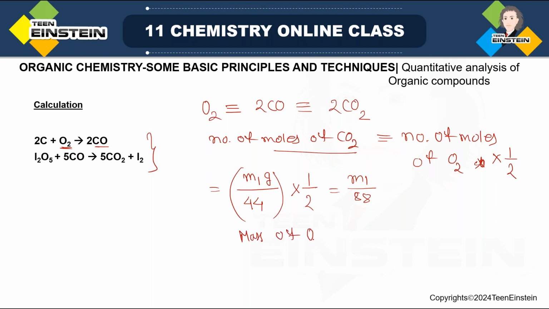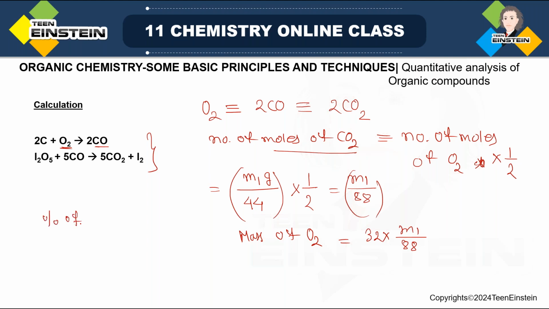Now the mass of O2 in this m1 gram of CO2, which we are getting from CO, and CO we are getting from O2. So the mass of O2 should be 32 multiplied by the number of moles of O2, which is m1 divided by 88.